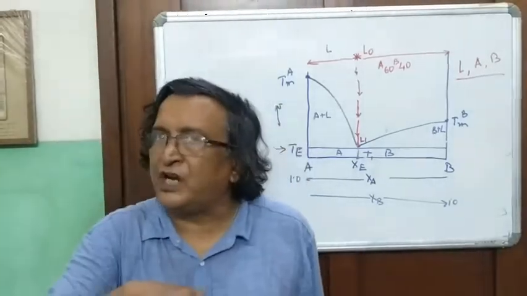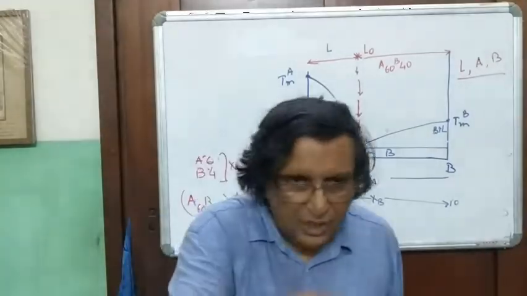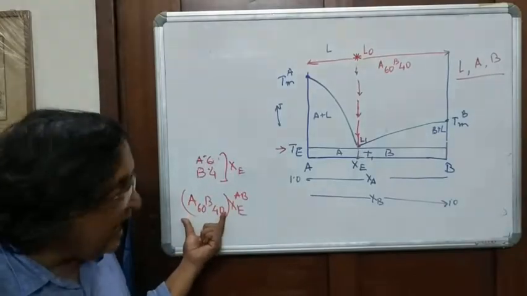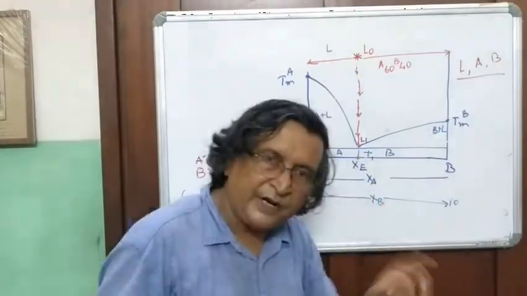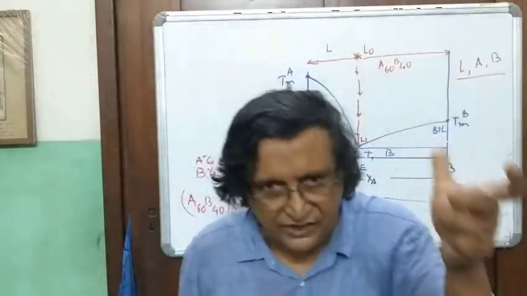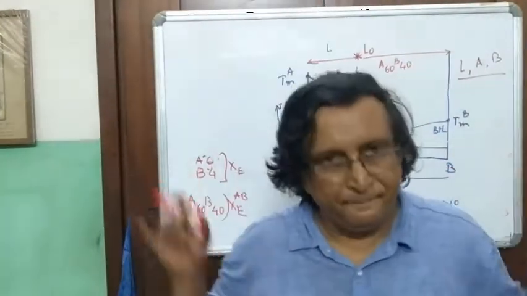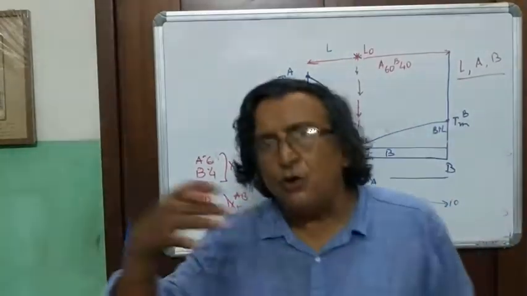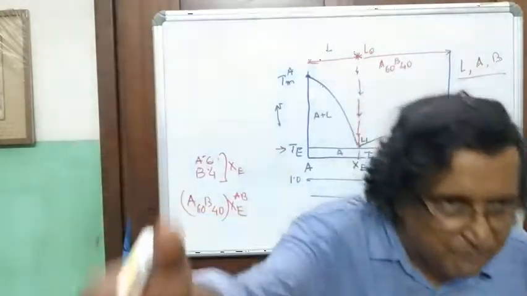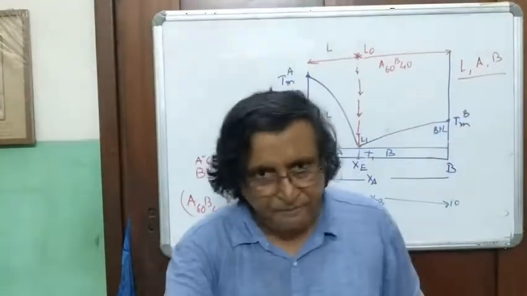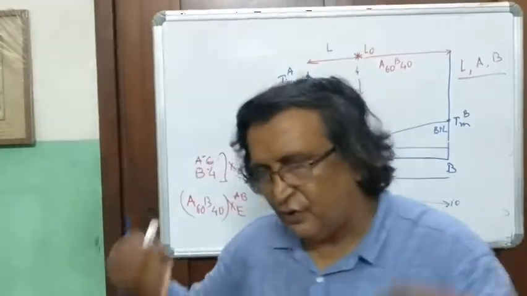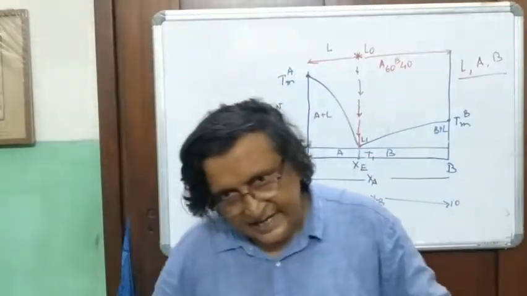But the proportion of the solid comprising A60, B40 and the liquid having the composition A60, B40, in terms of components, they're one and the same. And this is how crystallization will continue till the last melt is exhausted and the last solid that is produced is A60, B40.